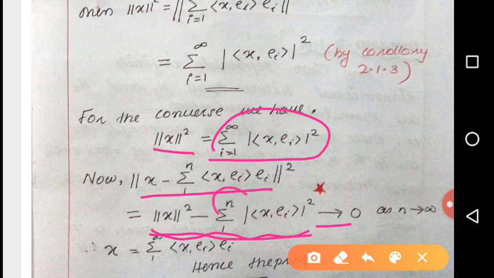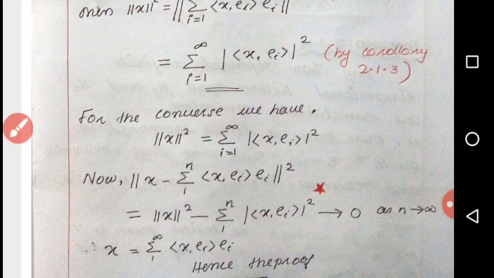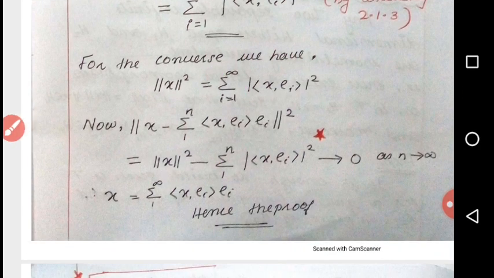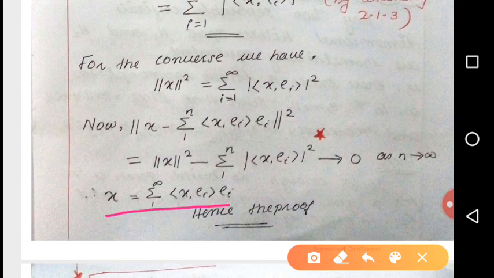Here this is a finite sum, and we assumed that norm x squared is the sum of infinite terms. So as n tends to infinity, this infinite sum will be equal to norm x squared. Therefore x is equal to the sum from 1 to infinity of the inner product of x, e_i times e_i, that is, it is a linear combination of the e_i's, that is, the collection e_i is a basis.